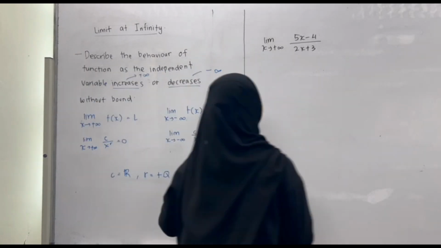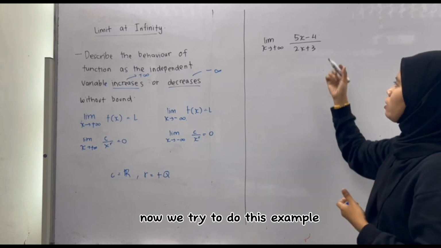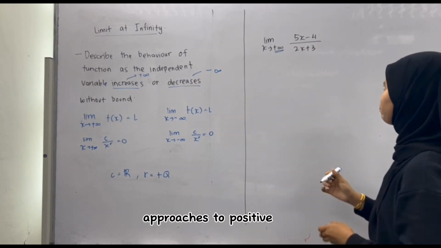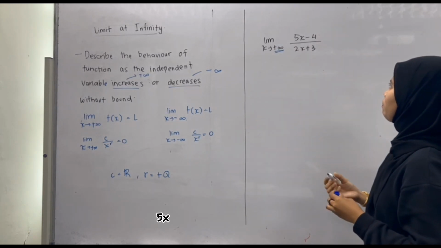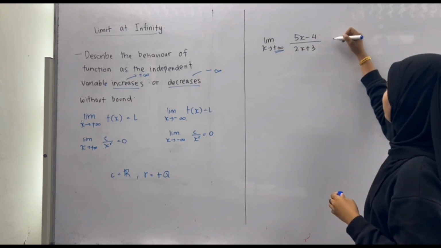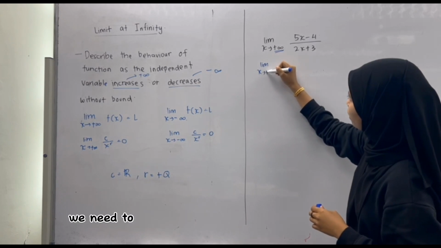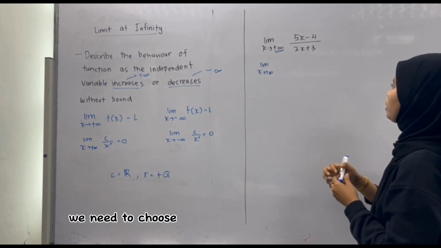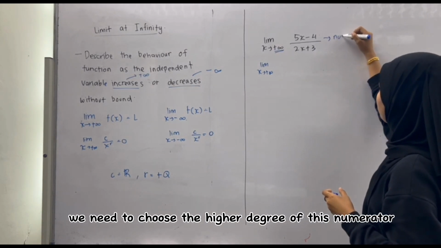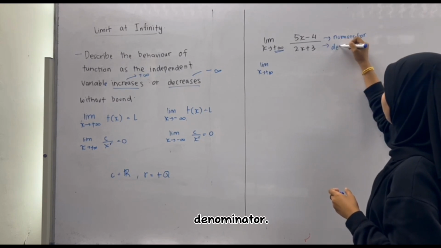Now we try this example. This one is the limit as x approaches positive infinity of 5x minus 4 over 2x plus 3. First, we need to choose the highest degree term of the numerator and denominator.